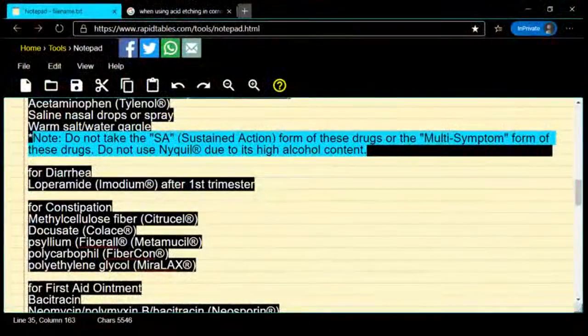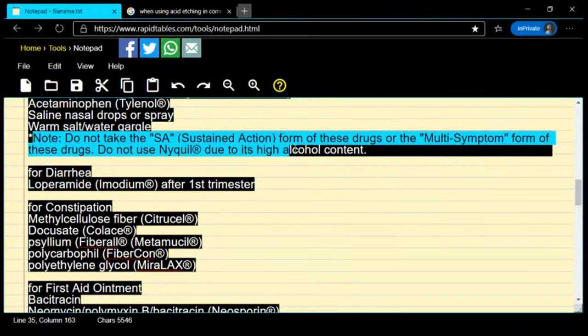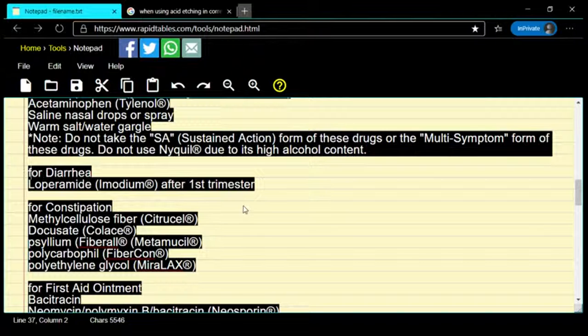This here is written, of course. Do not take as a sustained action form of these drugs, or the multi-symptom form of these drugs. Do not use NyQuil due to its high alcohol. Used with diarrhea.